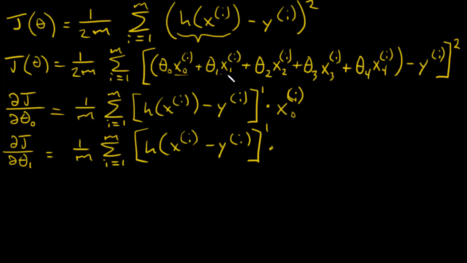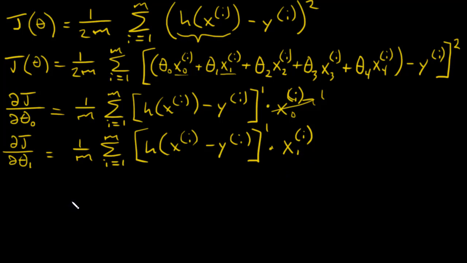The only thing that's going to survive this time is going to be x of 1, i. And I see the pattern. When it's with respect to theta 0, the only change in this expression is it gets multiplied by x of 0, which we know is actually a 1, but we'll just leave it like this for now. When I take the partial derivative with respect to theta 1, the only thing that survives is x of 1.